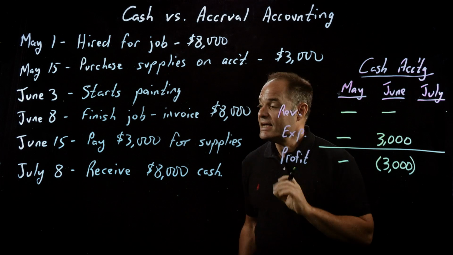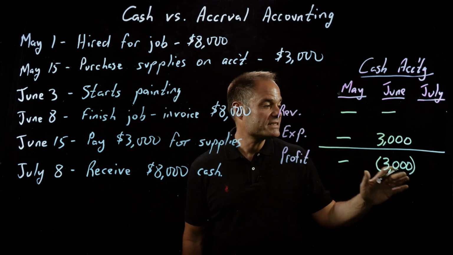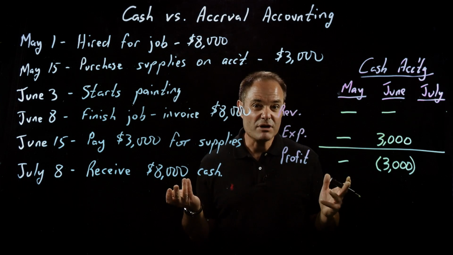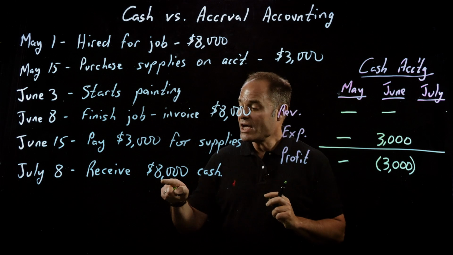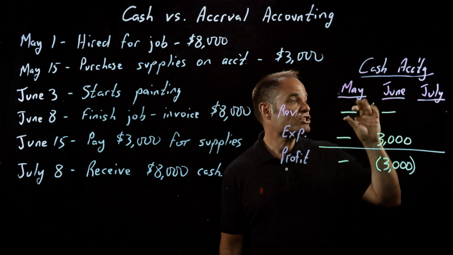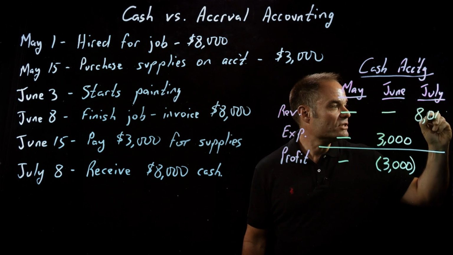Then comes July. His wife, by the way, is a little concerned. One month, no profits. The next month, he's got a loss. Now she's concerned. Plus, she doesn't see him doing very much in July. But on July 8th, he receives $8,000 of cash. Because he received cash under cash accounting, that gets recorded as revenue.